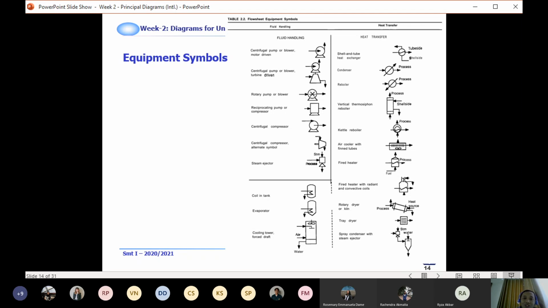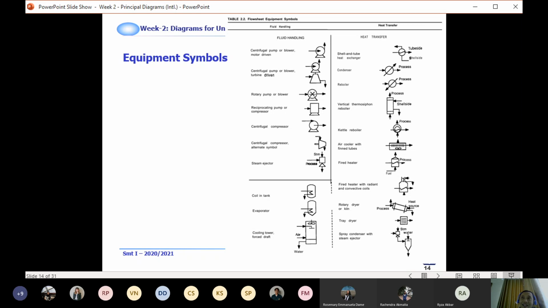If you introduce a new equipment symbol by yourself, other chemical engineers from other parts of the world will not understand what kind of symbol it is. So I strongly suggest you follow the available symbols that already exist in textbooks or on Google, and use them. Don't make any improvement.